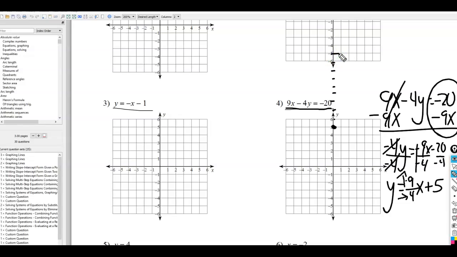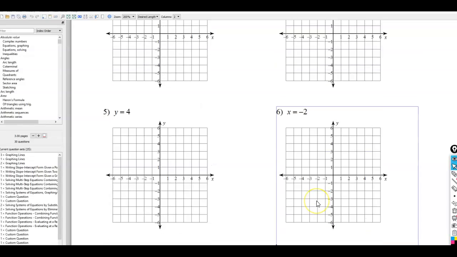And then over 4, that's easy to do. Another way to do it, instead of going up 9 over 4, you could do the exact opposite. You can go down 9 and left 4. It would give you the same outcome. So down 9 would be 1, 2, 3, 4, 5, 6, 7, 8, 9, and then left 4 puts me here. So either way, you get the line that you need.